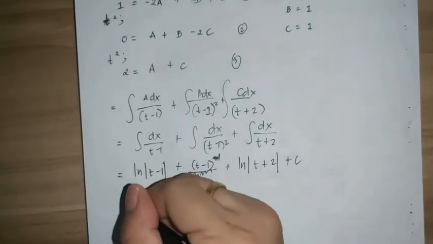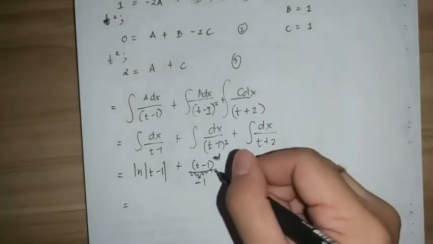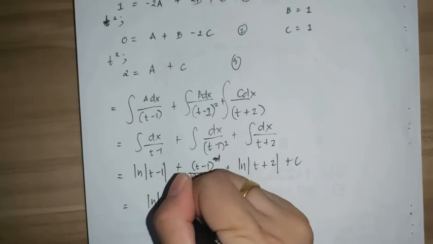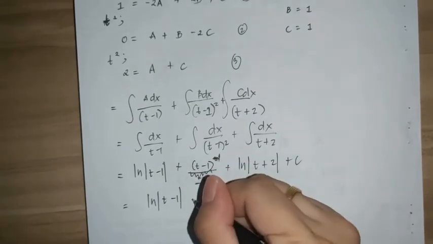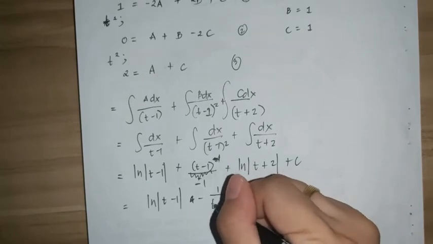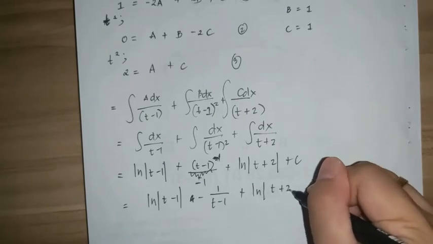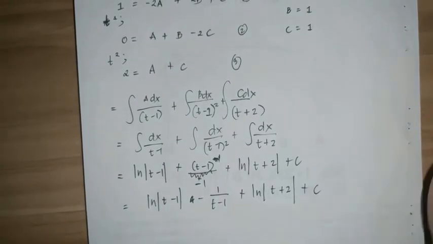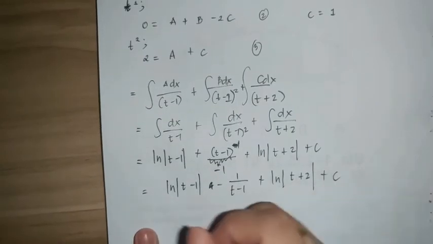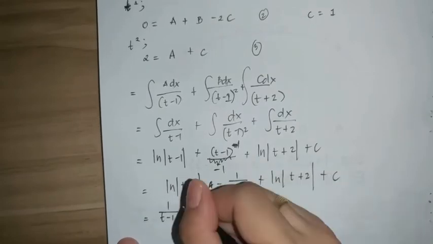So we will have here, you could factor out, okay, maybe I'll just do this. t minus 1 plus minus 1 all over t minus 1 plus ln of t plus 2, plus c. So with this, we could factor out t minus 1. So we have t minus 1, 1 over t minus 1.